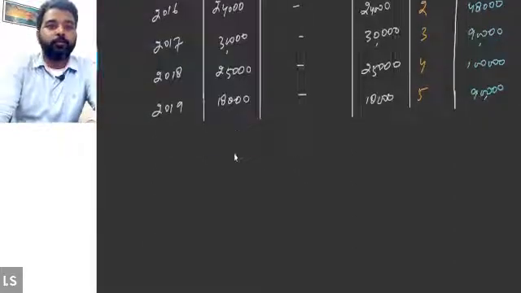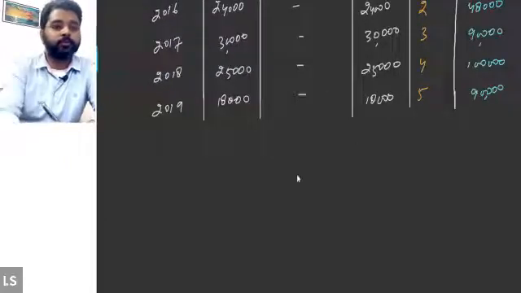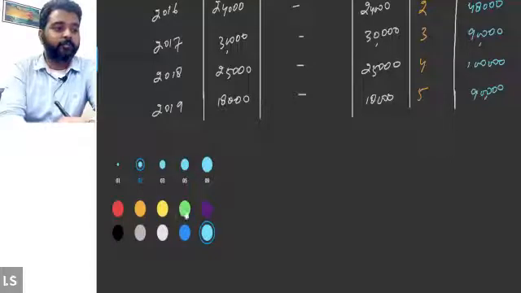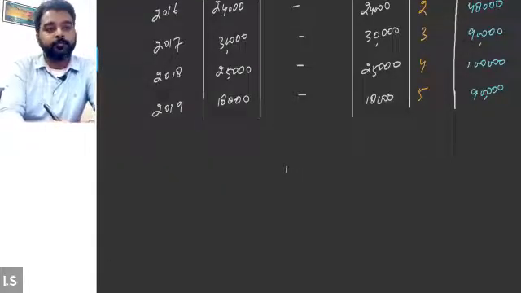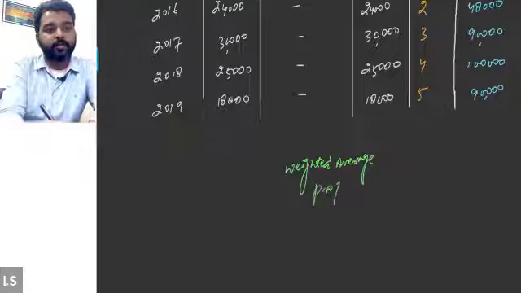Okay, now one more step is left. Now we need to find out the weighted average profit. So in order to find out the weighted average profit, what will we do? For calculating the weighted average profit, we will simply apply this formula.